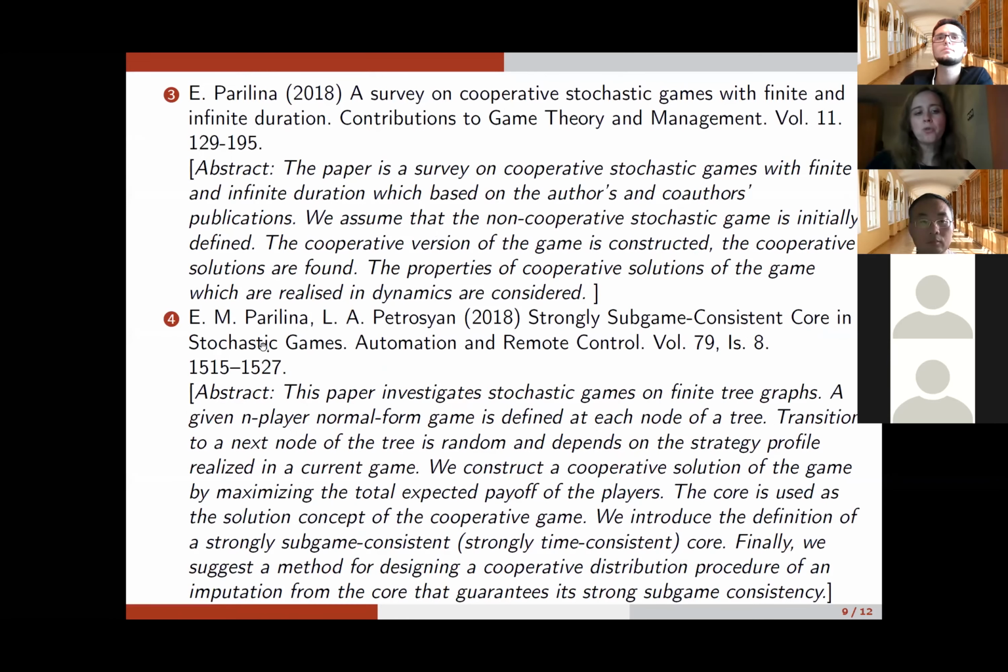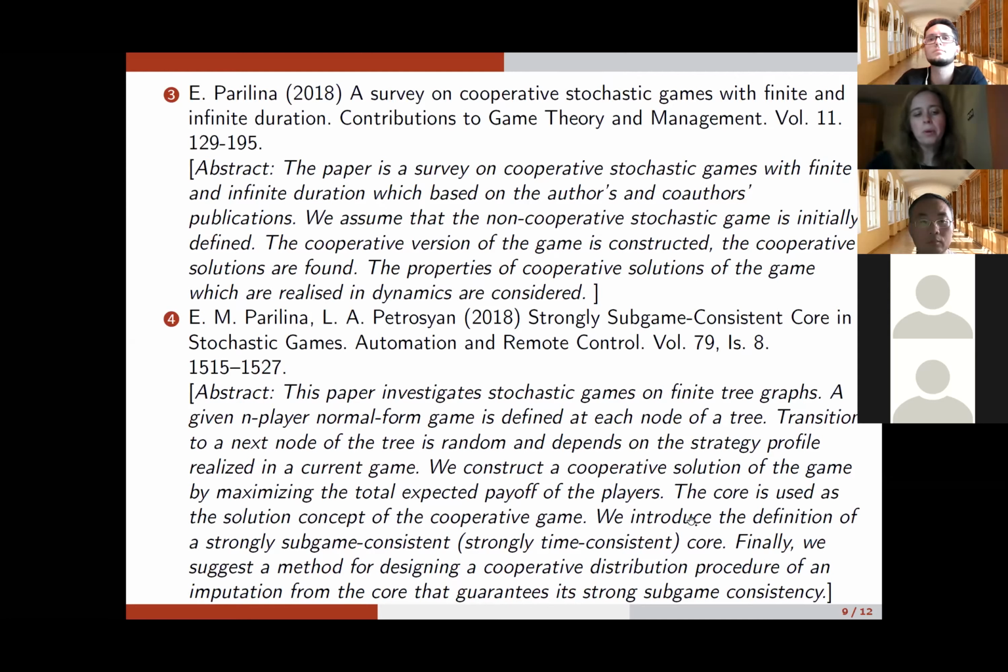The next publication, publication 4, is a publication with Leon Petrosyan. We proposed strongly subgame consistent core, a refinement of subgame consistency, for stochastic games. We consider stochastic games defined on finite tree graphs, and we construct the cooperative version of the game, find the core, and we also define for this class of games the strongly subgame consistent core.